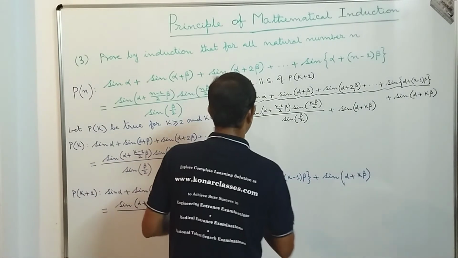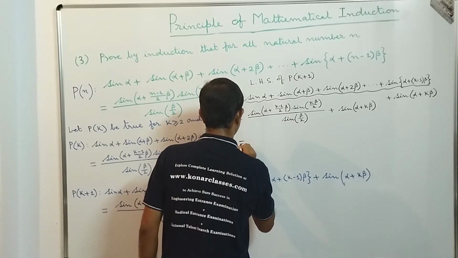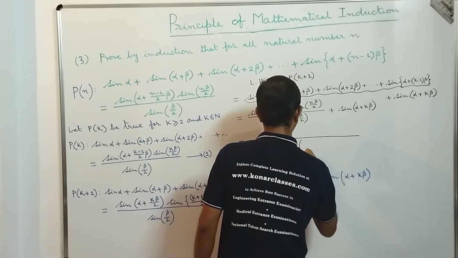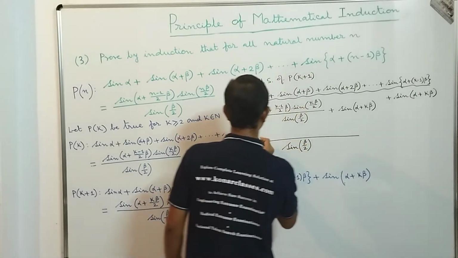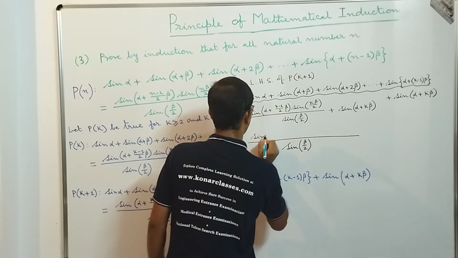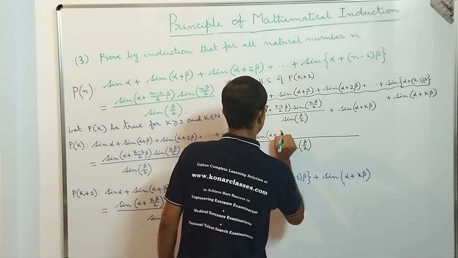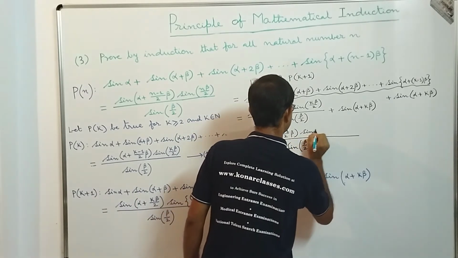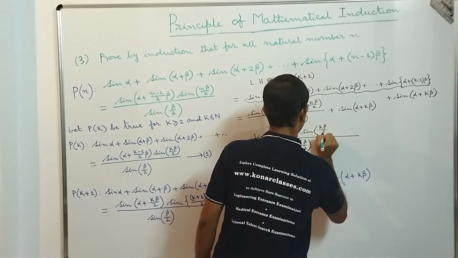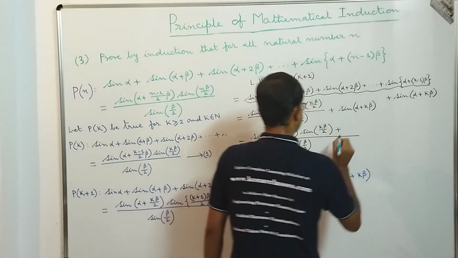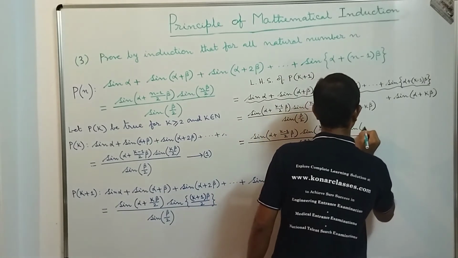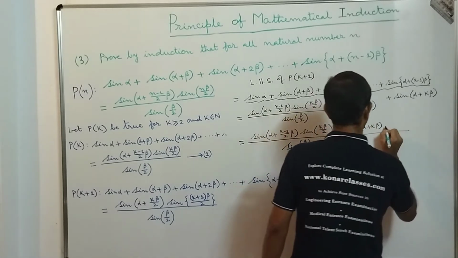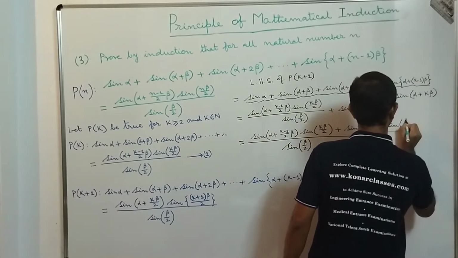So this is equal to what dear students? We can write it here that in the denominator we get sin(β/2) and in the numerator we get sin(α+(k-1)β/2) into sin(kβ/2) plus sin(α+kβ) into sin(β/2).